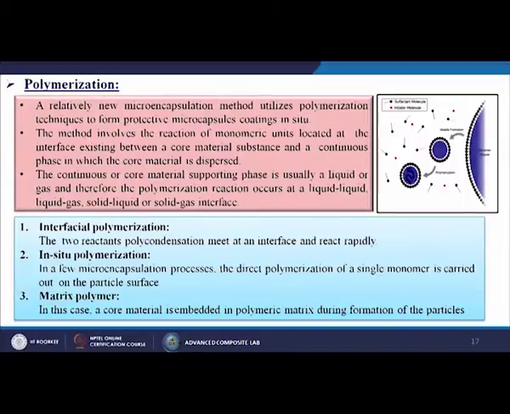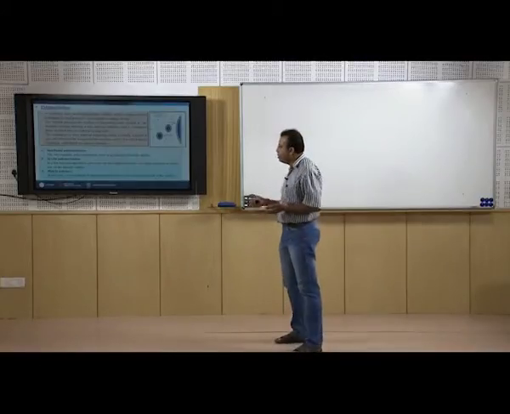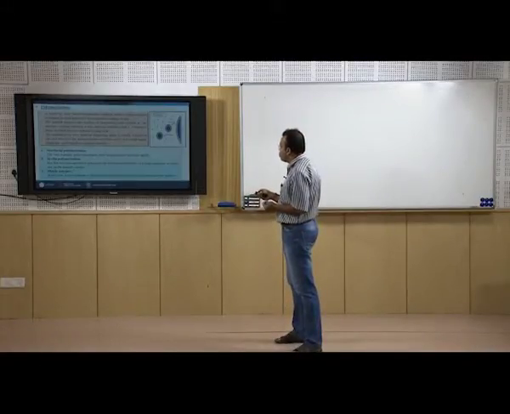The method involves the reaction of monomeric units located at the interface existing between a core material substance and a continuous phase in which the core material is dispersed. The continuous or core material supporting phase is usually a liquid or gas, and therefore, the polymerization reaction occurs at a liquid-liquid, liquid-gas, solid-liquid or maybe solid-gas interface. So, with any phase, by using the core materials or the coating materials, we can do this kind of microencapsulation.